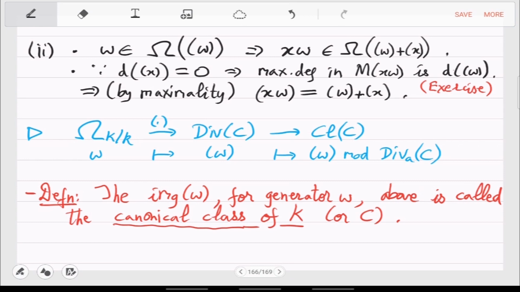So let's call bracket omega d. So if omega is annihilating A of D, we are claiming that x omega is annihilating A of d plus x. Should be correct? No, what I have written here.